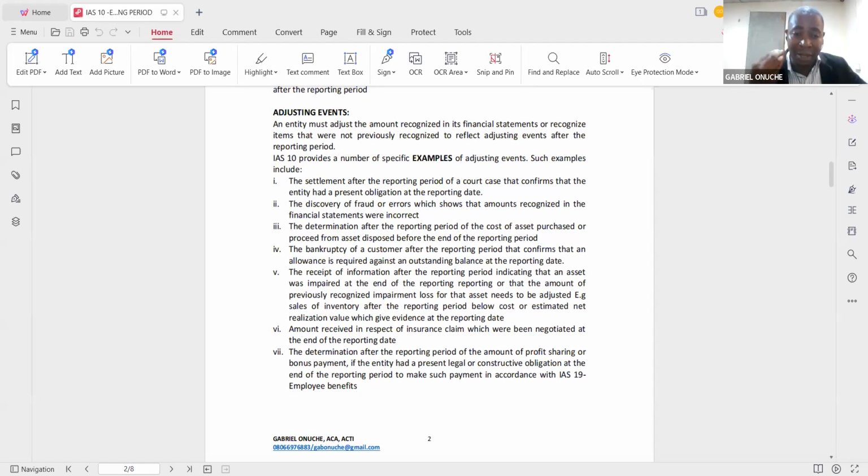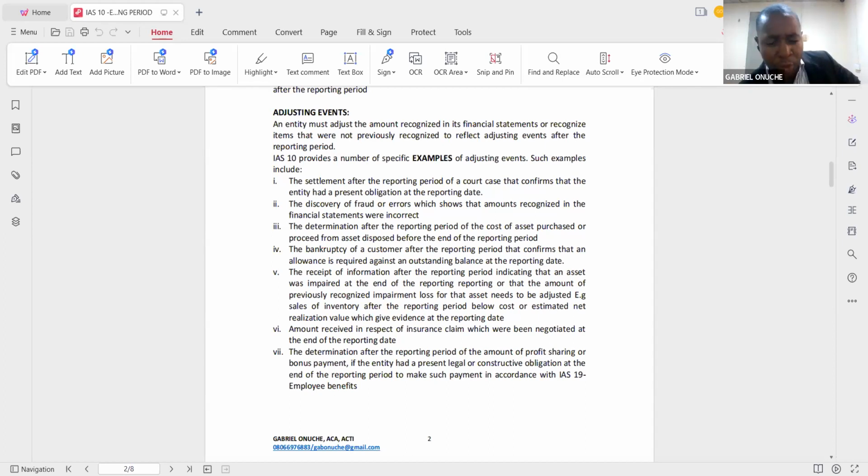That means the company has a legal obligation, that in this court case they might not win and they are expected to pay. So they make a provision at the end of the reporting period. And if they don't, and the court case turns against them, they must go back and adjust the financial statements for any damages that are expected to be paid.